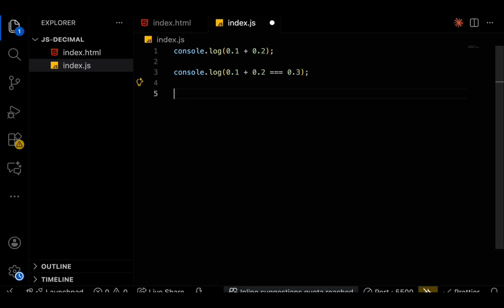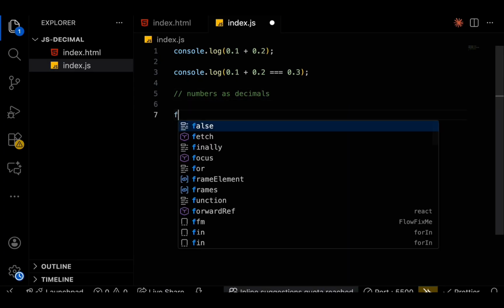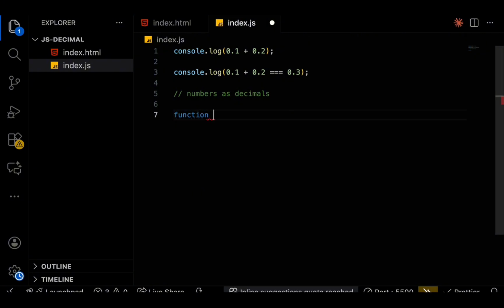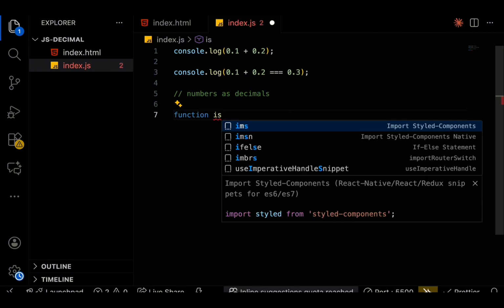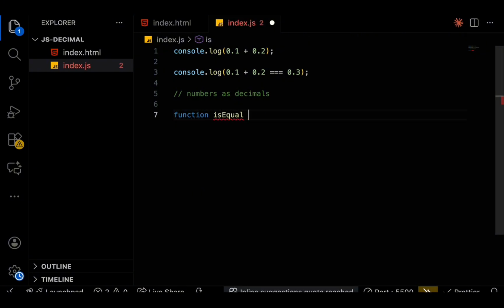So how do we fix this? There are two fixes to this. Number one, when working with numbers as decimals, what we can do is to use what I call the tolerance. So we define a function and say isEqual. I'll show you how this works. isEqual, and then we pass a, we pass b, and then we pass what I call tolerance.